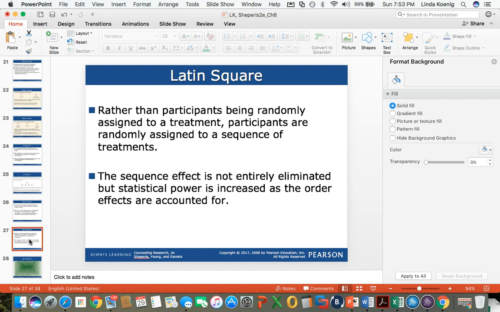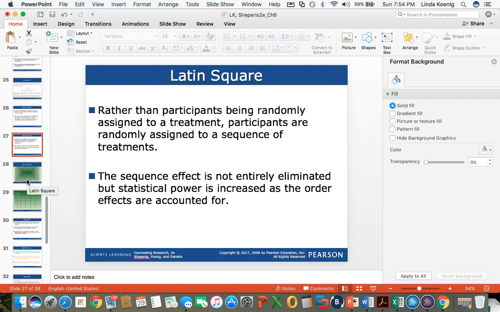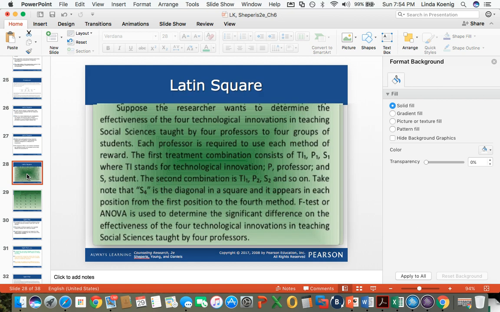Instead of participants being randomly assigned to treatment, participants are randomly assigned to a sequence of treatments. The sequence effect is not entirely eliminated, but statistical power is increased because the order effects are accounted for. And this is just a more complex design than the crossover design that I just explained.